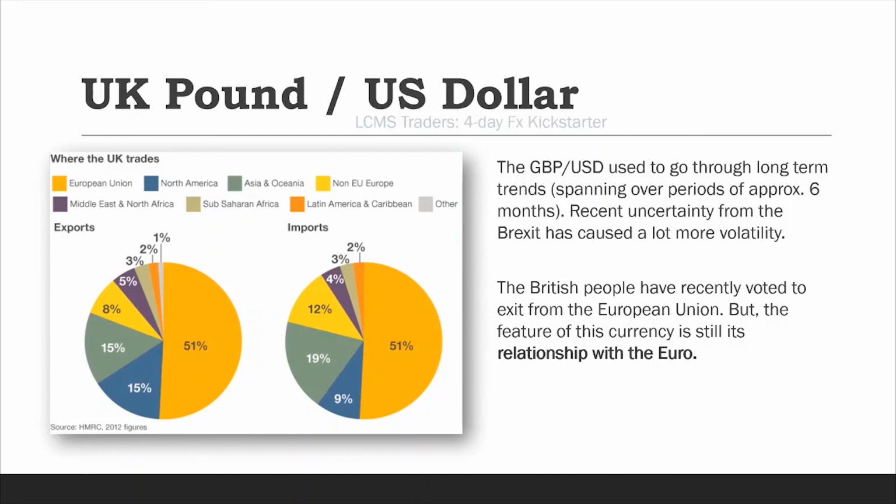Previously, the pound dollar used to go through very nice medium to long-term trends, moving 6 months upwards or 6 months downwards. Recently they have voted to exit from the EU, but we have still seen negotiations between the UK and the Eurozone, and it's been causing a lot more volatility because 51% of UK exports and 51% of UK imports come from the Eurozone.